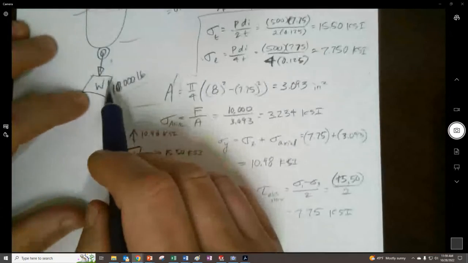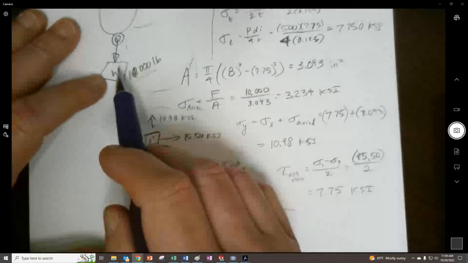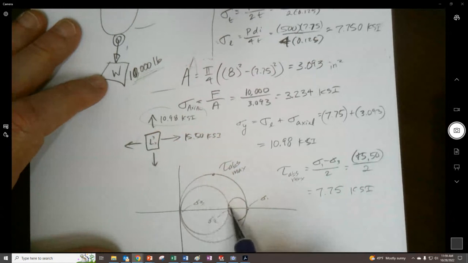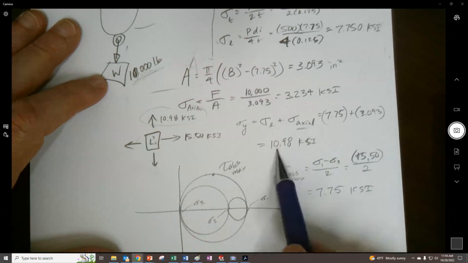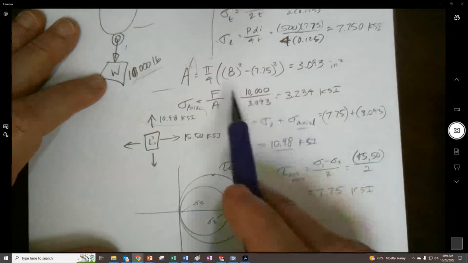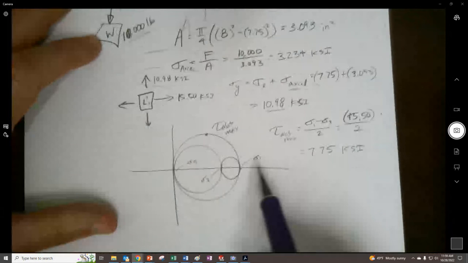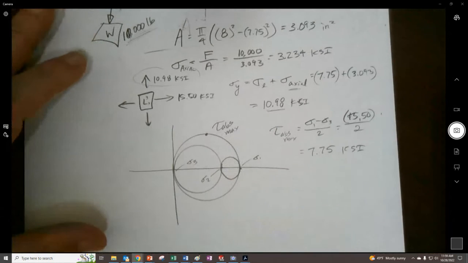So actually putting this weight onto the thing still wasn't enough to affect the results. For that weight to even matter, it would need to be so large that it would make this total larger than the hoop stress, to move this point over to here, and then it would affect the tau abs max.